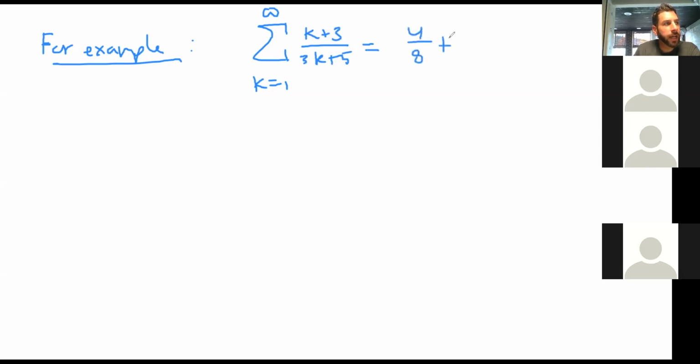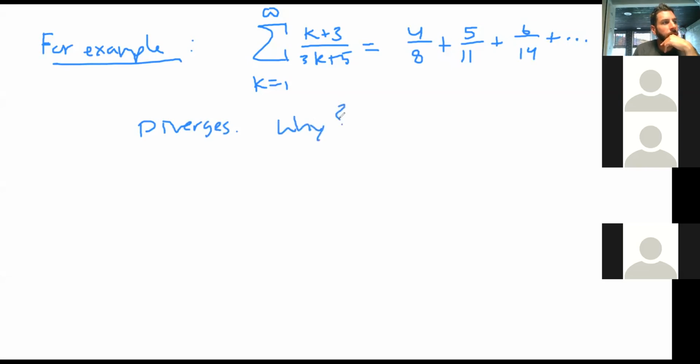When k is 2, 5 over 11. The next one, when I plug in 3, is 6 over 14. So these terms might on the surface look like they're getting small, but this guy diverges.